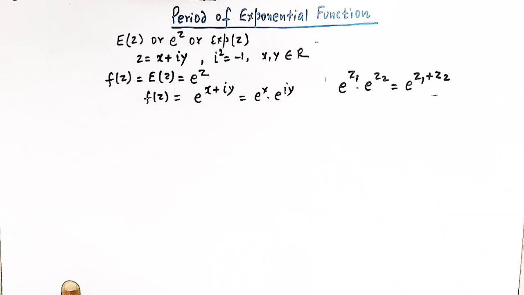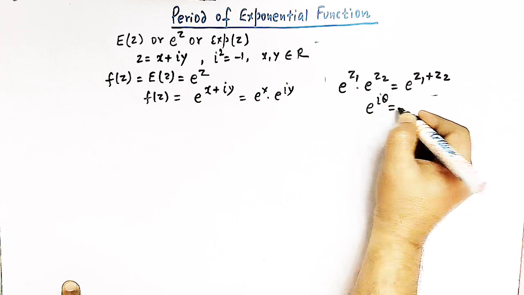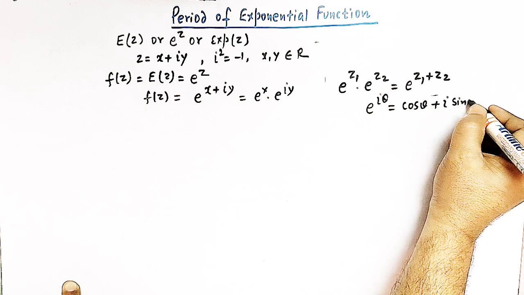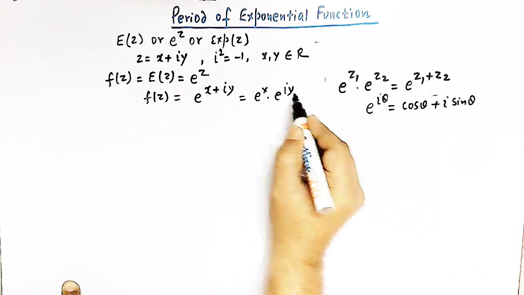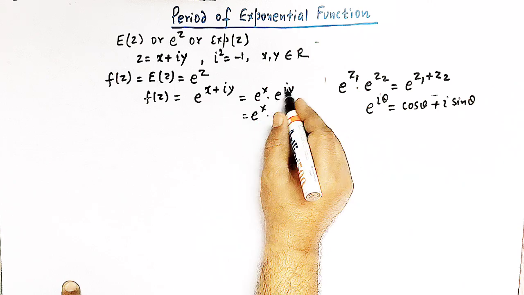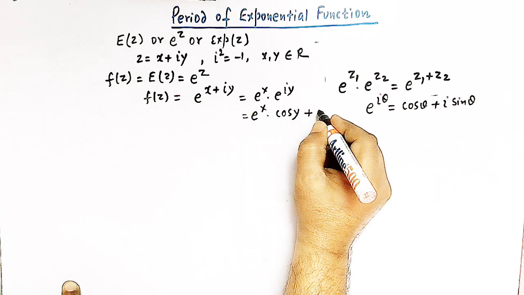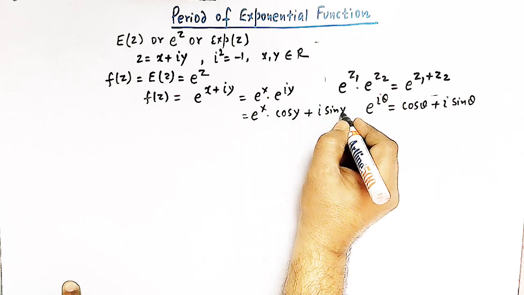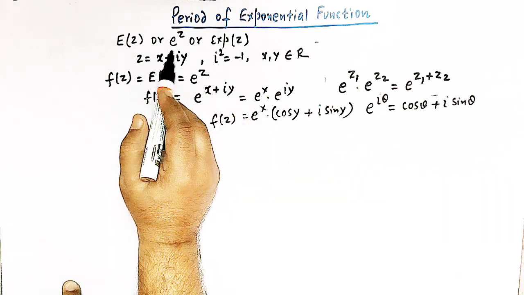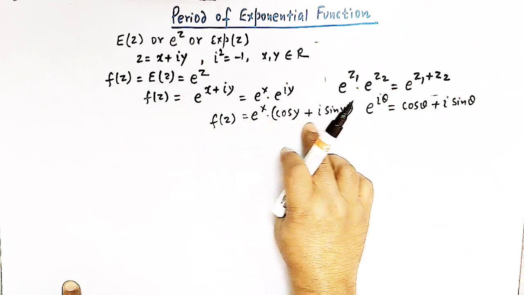Now from Euler's formula, we know that e raised to iota theta is equal to cosine theta plus i times sine theta. So here for theta we have y. So we can now write e raised to x times e raised to iota y as e raised to x times cos y plus i times sine y, right? Okay, so now f of z, which is our complex exponential function, is now given by this expression.